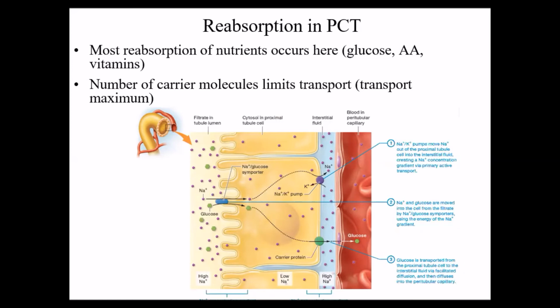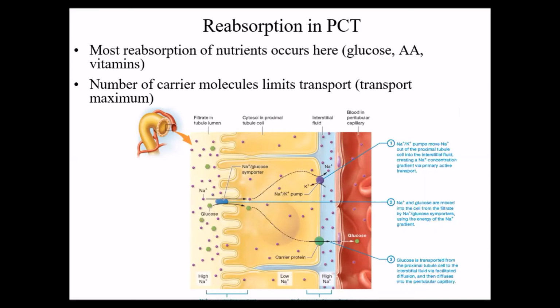Now that can happen, because each of these has a carrier type molecule, so it's facilitated diffusion. Each of these has a carrier molecule that can be overloaded. So for example, if you have a very high glucose diet, or if you're diabetic, then you can detect glucose in the urine.